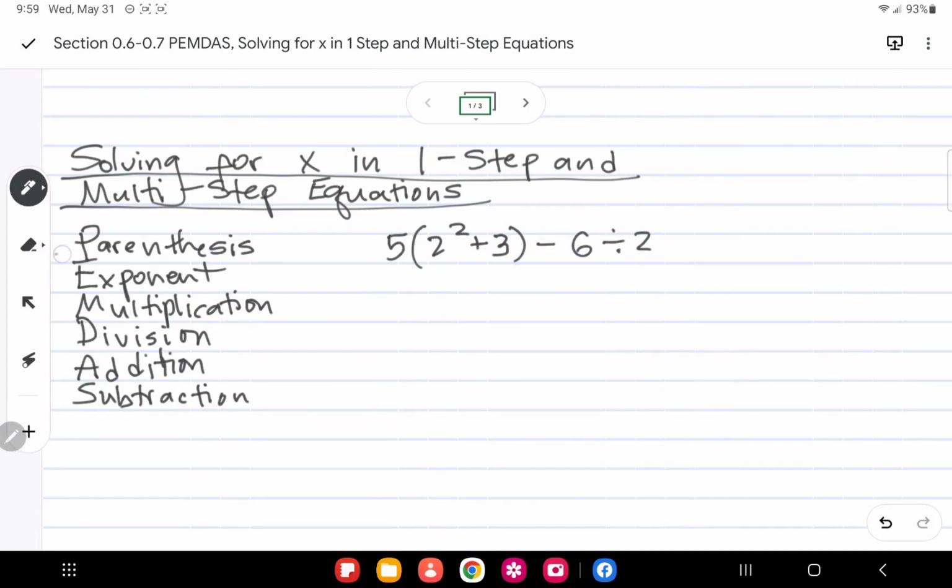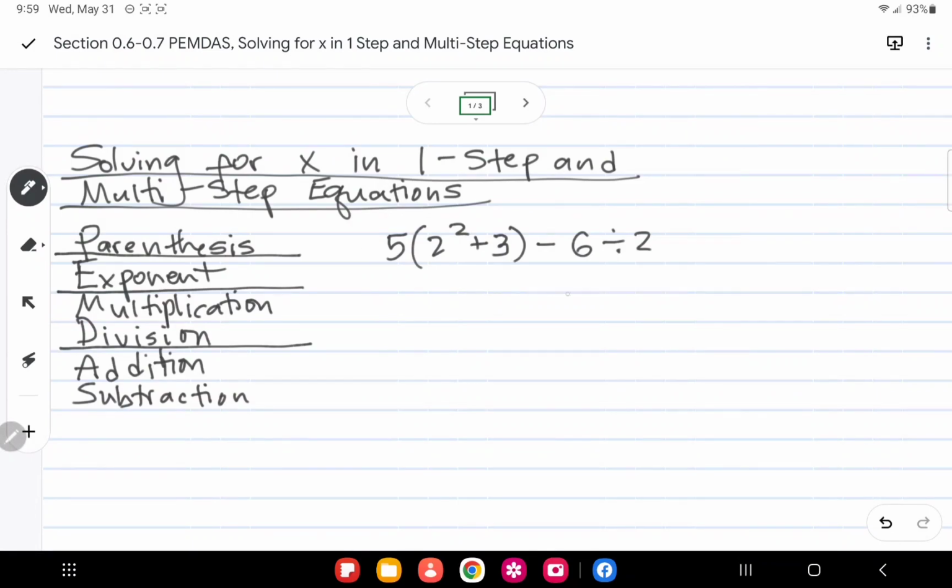Think of the parentheses as tier 1, followed by the exponent, whereas division and multiplication are in the same tier, and last but not least, addition and subtraction. With the order of operations, we always start with the P, the E, followed by the M, D, A, and then S.